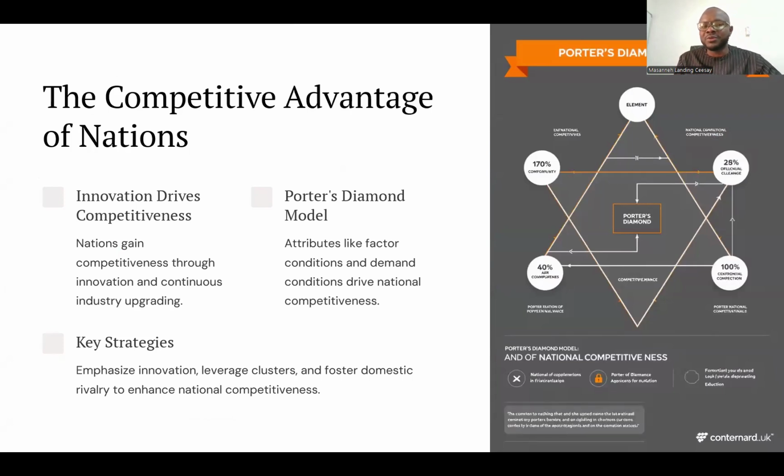I want to now talk about one of the most interesting materials that I've read into this model. It's Porter's diamond model. The diamond model is basically a model designed to describe the effect that domestic markets have on the competitive advantage of either firms or nations in the international market.